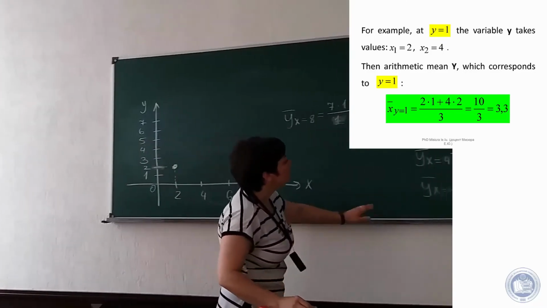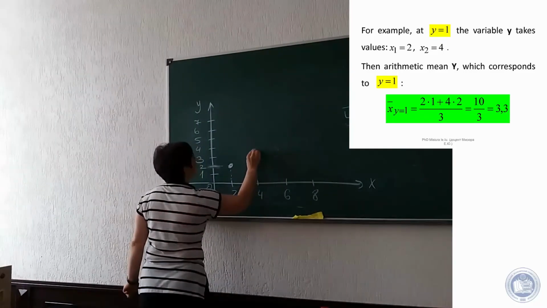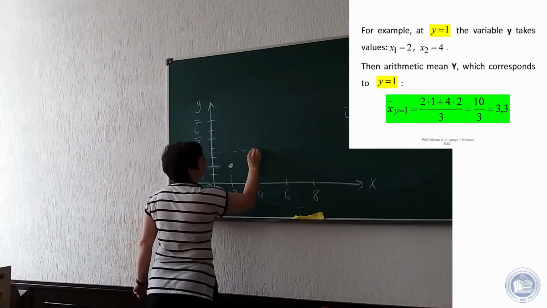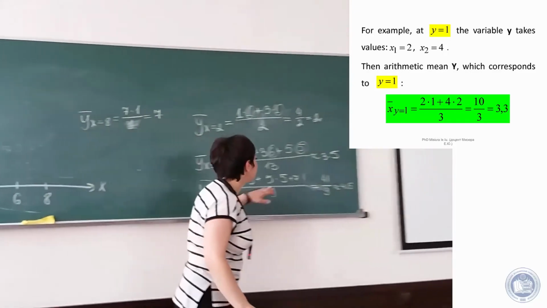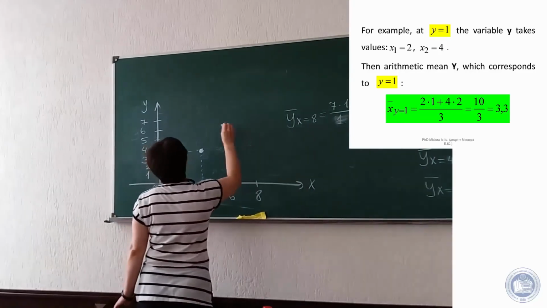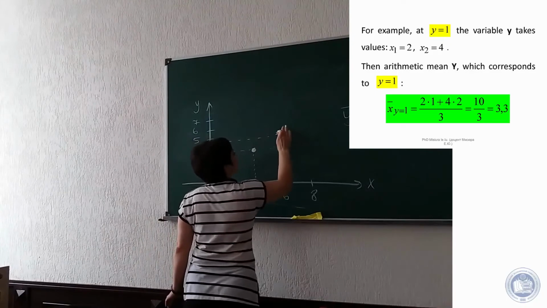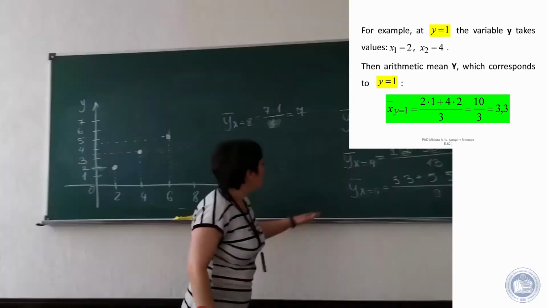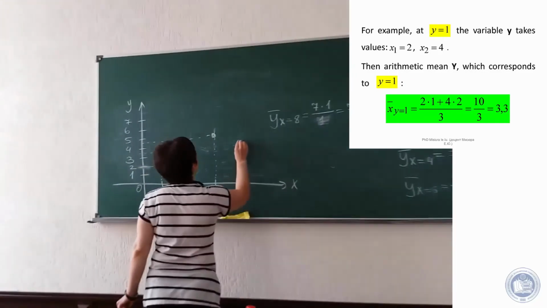Next point will be 4 and 3.5. We have 6 and 4.6. And 8 and 7.